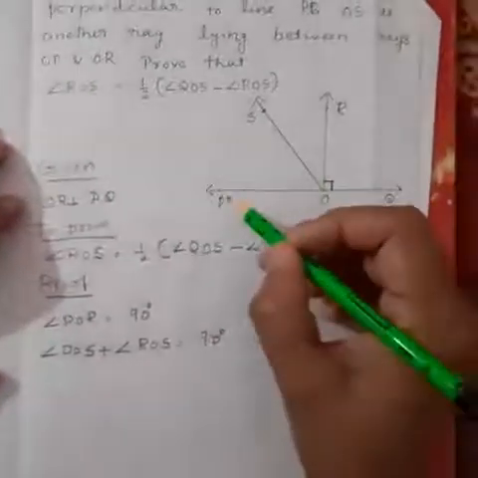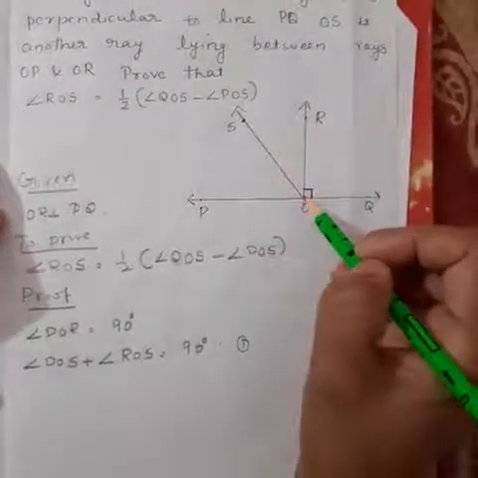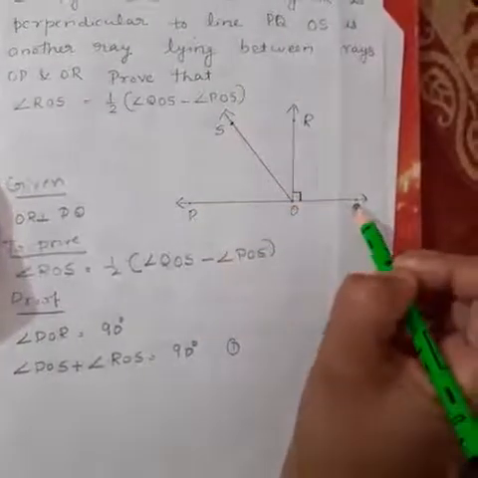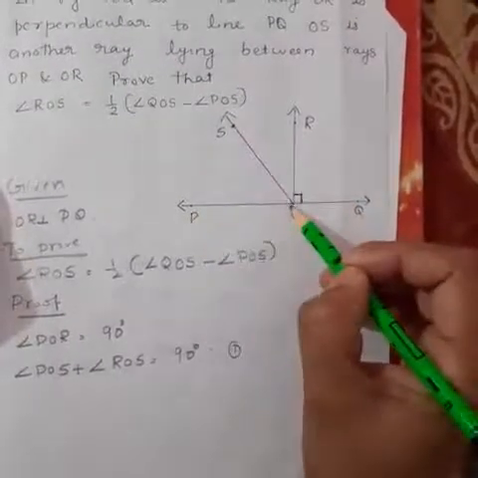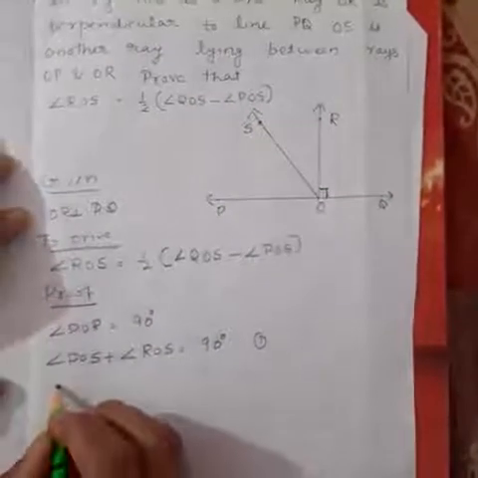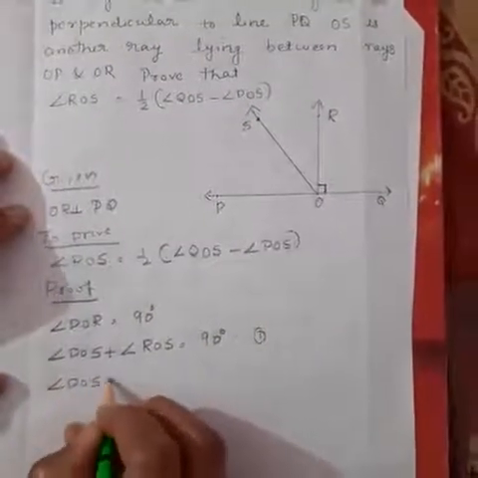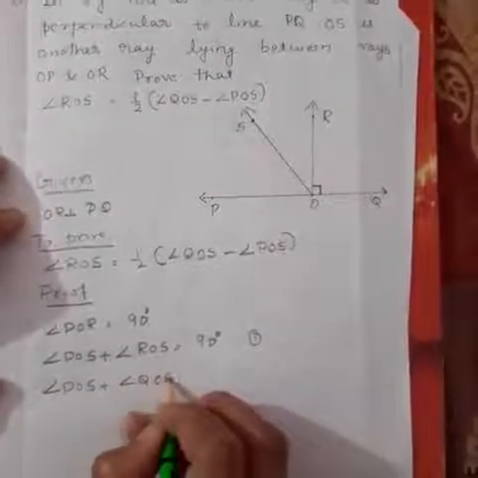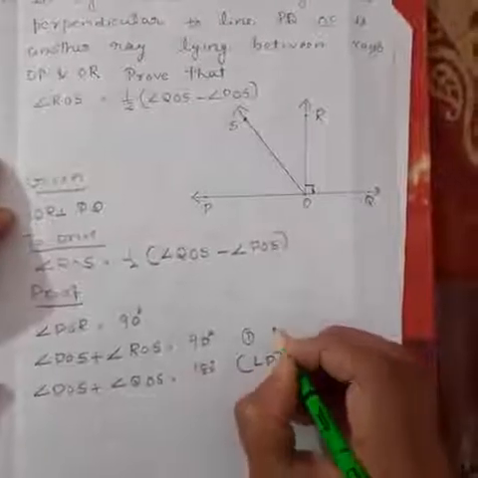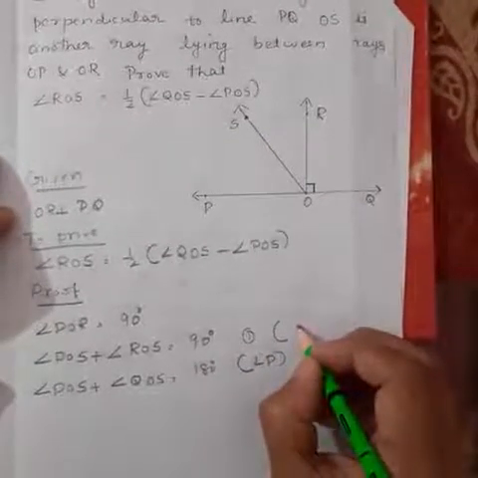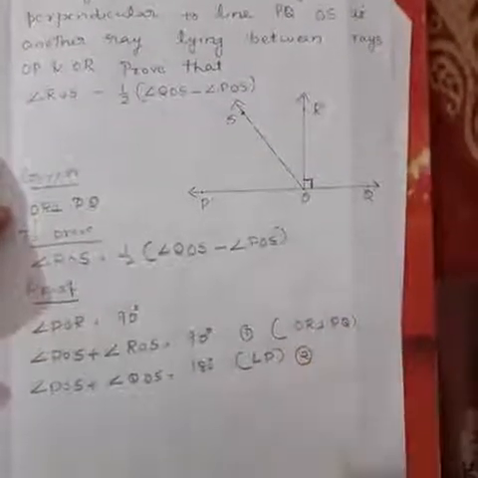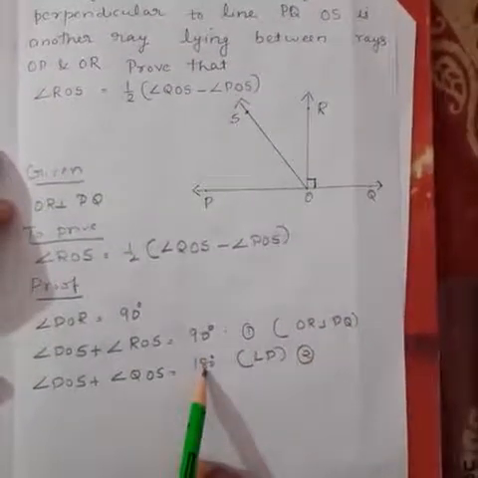Now, since the ray OS stands on a line PQ, angle POS and angle QOS form a linear pair. So, angle POS plus angle QOS is equal to 180 degrees. That is because of the linear pair. Equation 2.